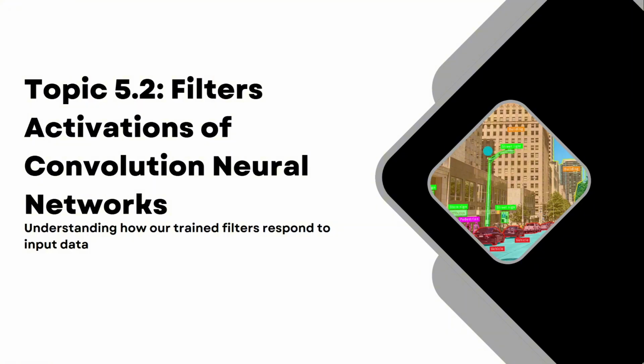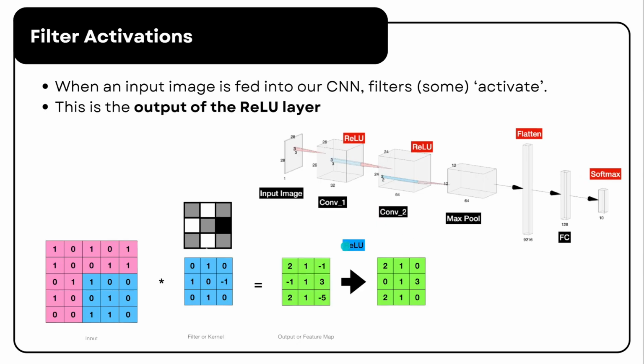I'll walk you through it step by step, so you can build a solid understanding of what filter activations actually look like and how different filters respond to different parts of an image. By the end of this section, you should have a clear idea of how CNNs interpret visual features. Okay, let's get started.